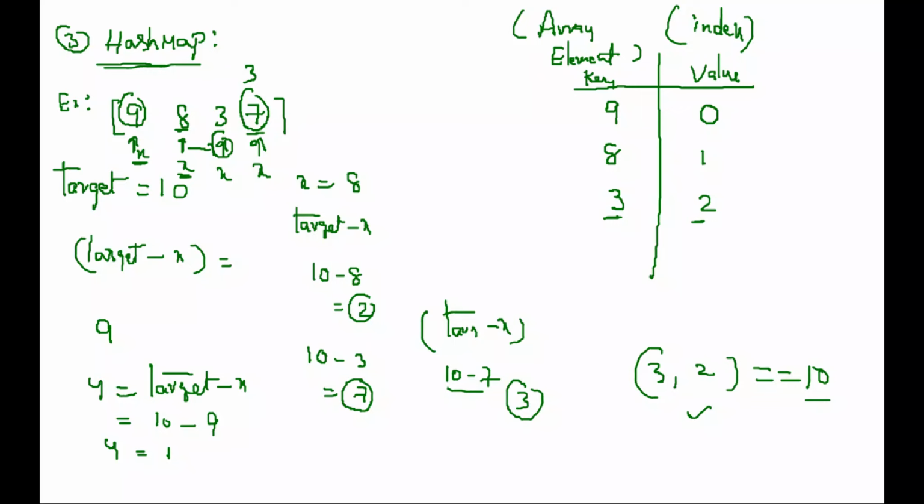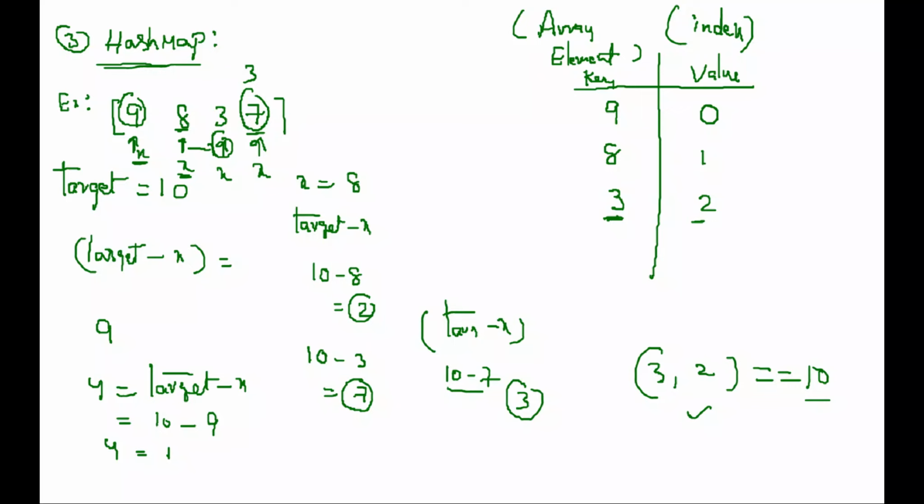If the difference is not there in the hash map, then you throw that element into the hash map. So like that, you have to repeat the process until you find the difference in the hash map. So there you stop and you declare those two indices and say that the elements of those indices are giving the result of the target.